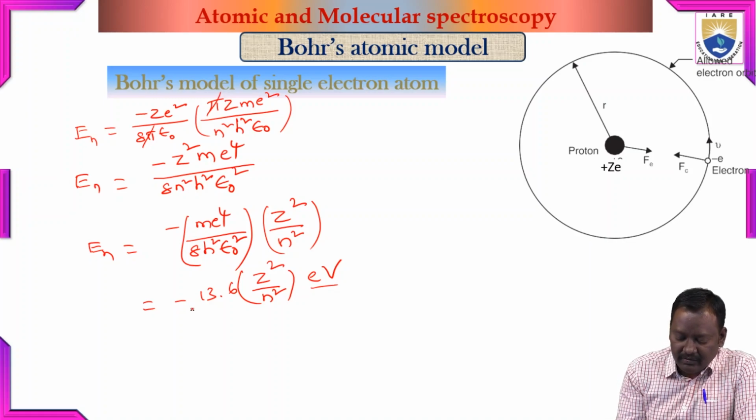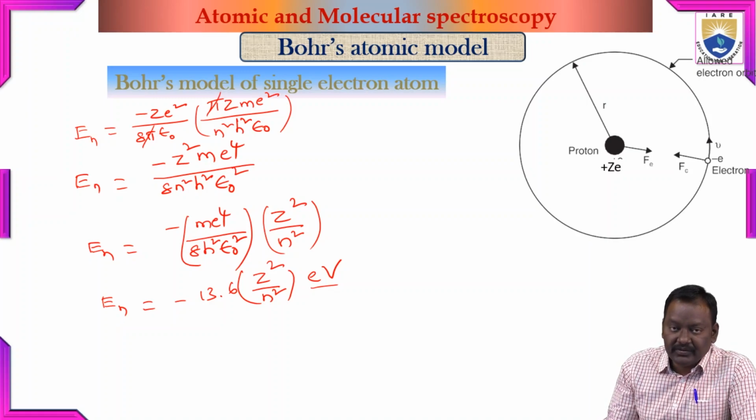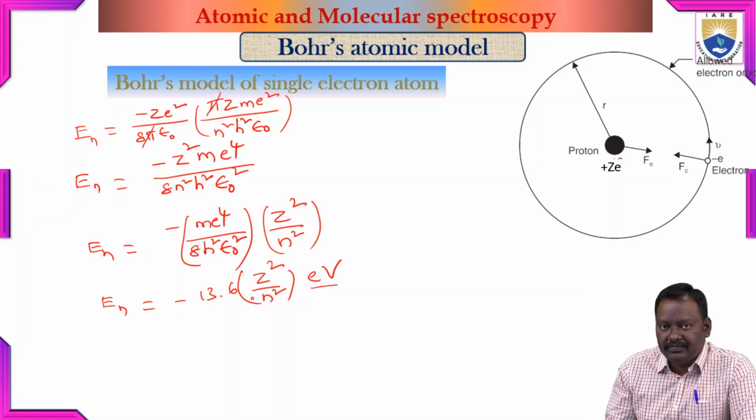So finally, the energy of the electron in the nth orbit of the atom is given by minus 13.6 into Z square by n square electron volt.